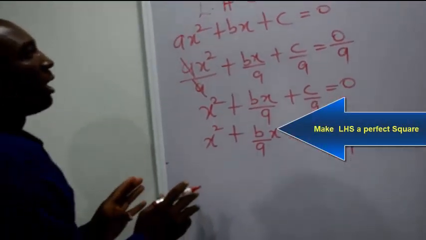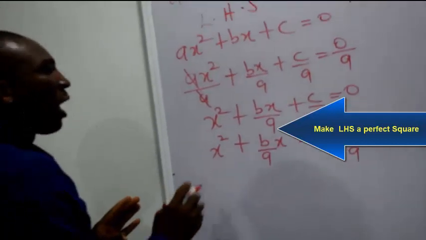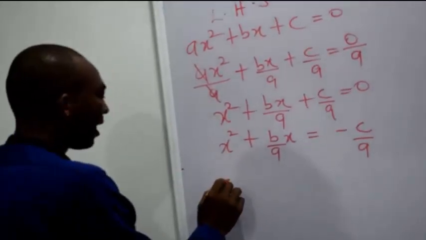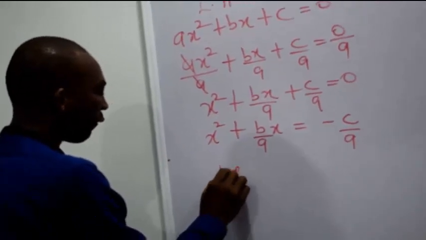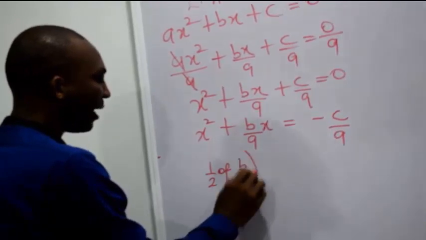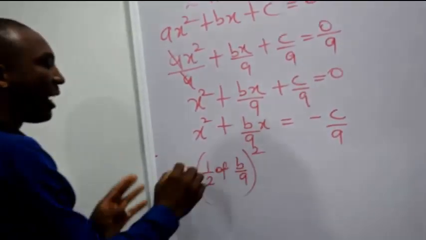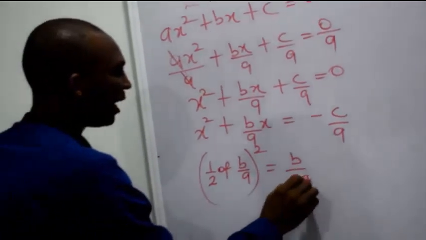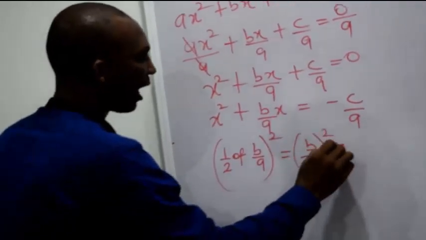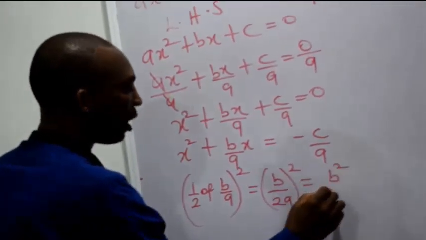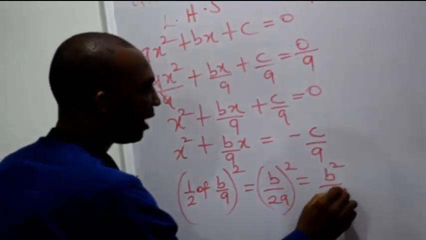Remember, for a perfect square, you are looking for half of the coefficient of x, which is b over a, and square everything and add it to both sides. That becomes b over 2a all squared, and b over 2a all squared will give us b squared over 4a squared.